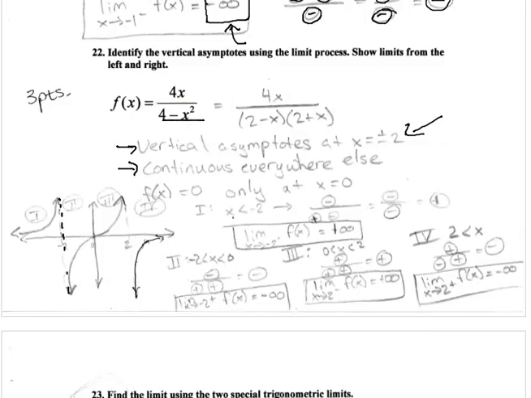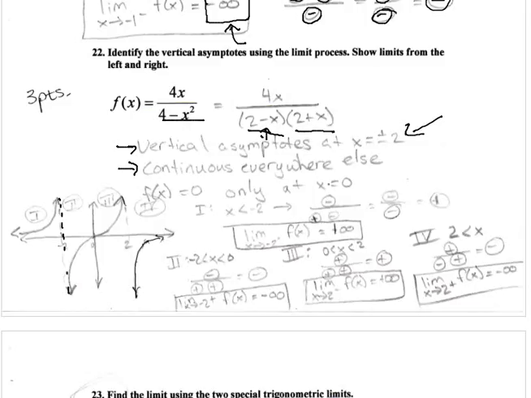So in our first region, if x is less than negative 2, then our numerator is going to be negative. Our denominator is going to be positive, right? Or excuse me, negative. And one of the reasons for that is that if x is less than negative 2, we're going to get 2 minus some quantity which is less than negative 2. So it's going to be negative. So we get 2 minus a negative number, which is a positive number. So this first quantity is going to become positive. The next is going to be 2 minus a number which is less than 2.